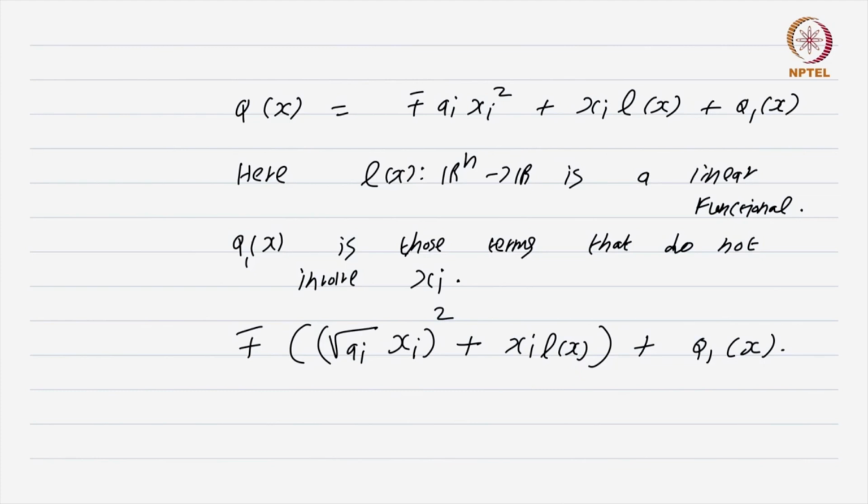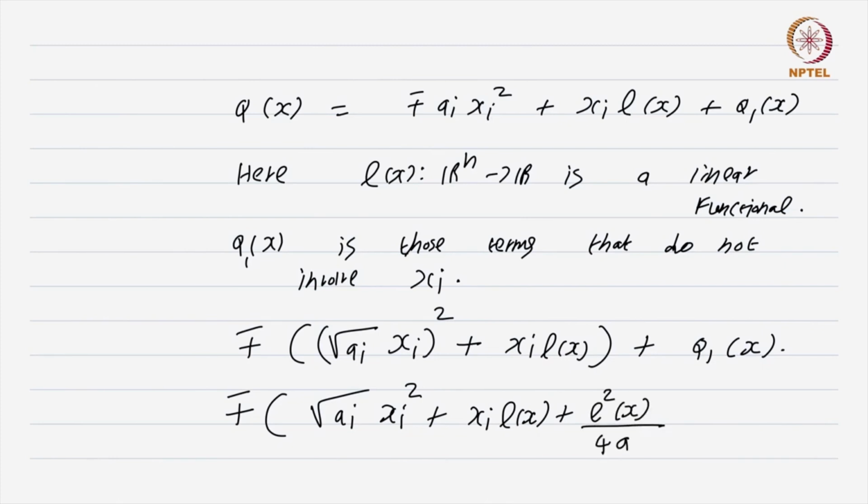Once you do that, you can write this as plus or minus the square of (square root of ai xi plus L of x by 2 square root of ai), plus q1 of x, and there's a plus or minus L squared x by 4a now.